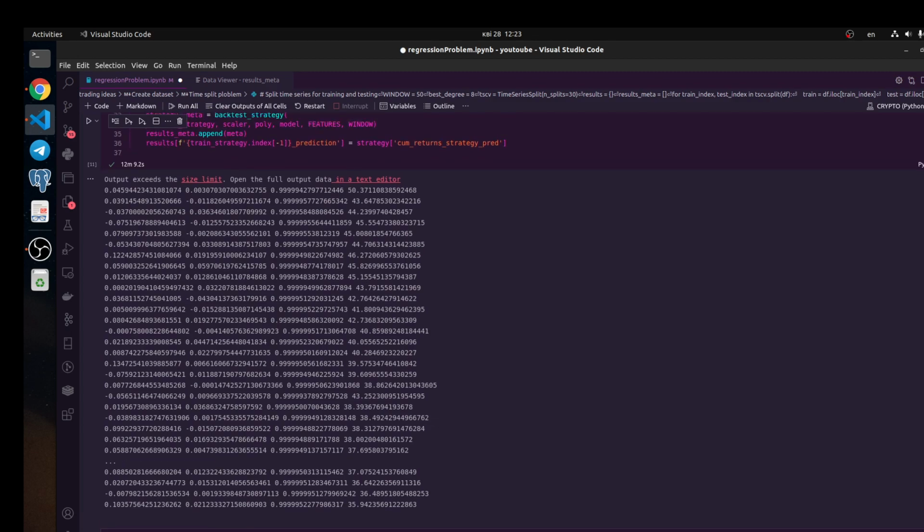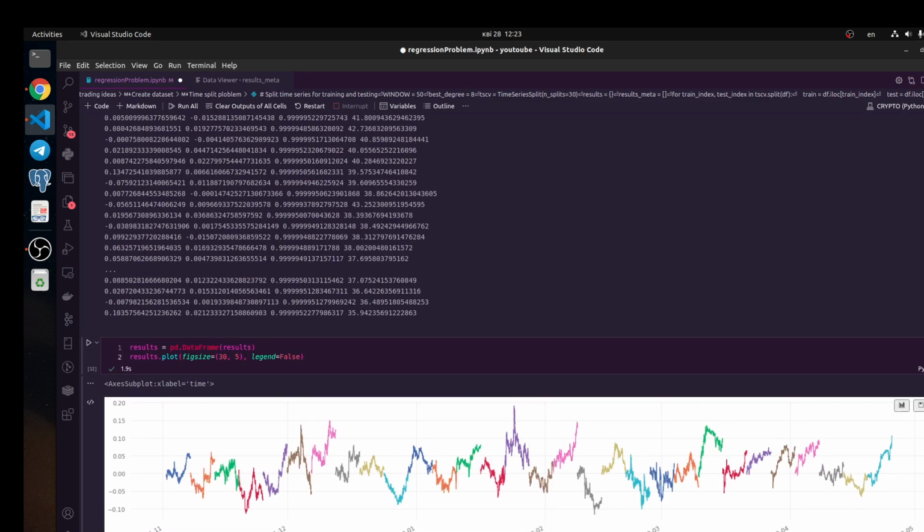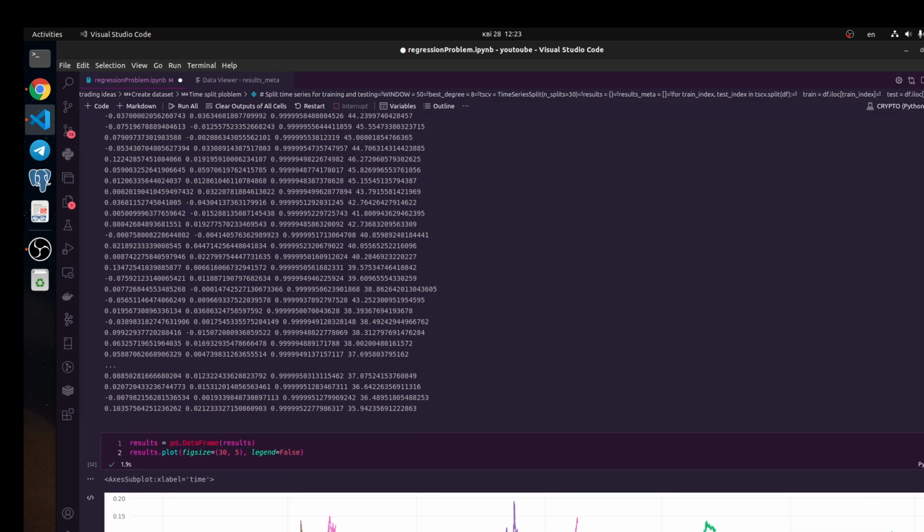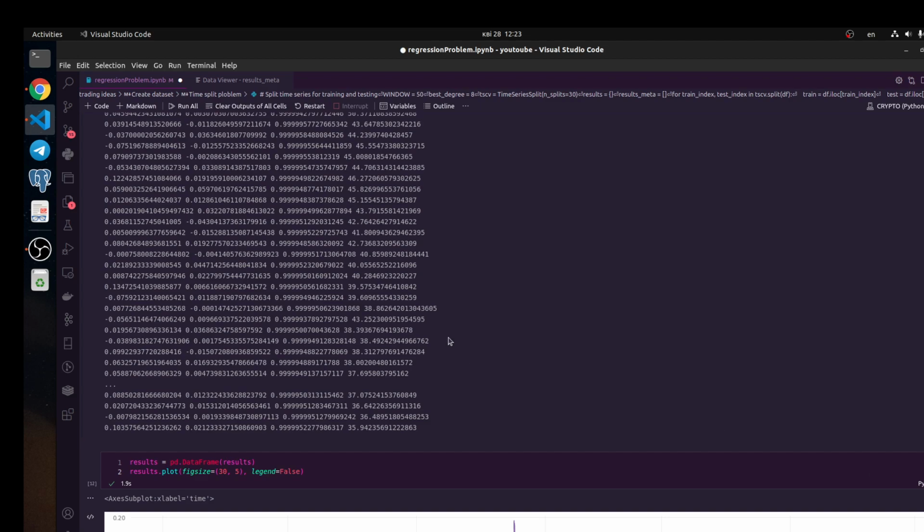So let's look at what happens. You see we have 10 parts of our time series, and in general this idea works more times. It means we have more profitable cases than negative cases.